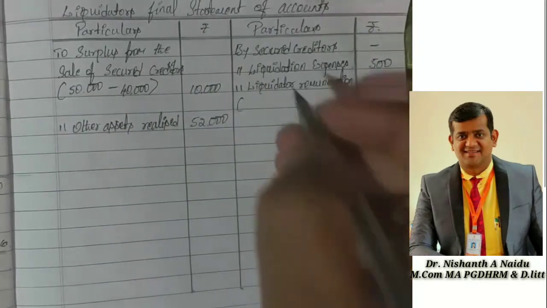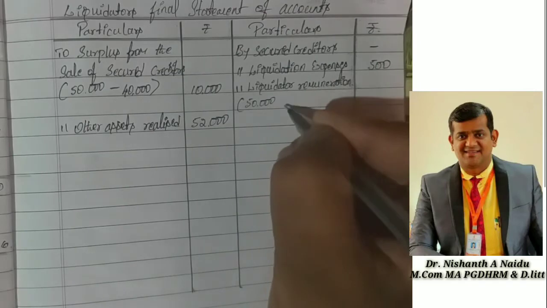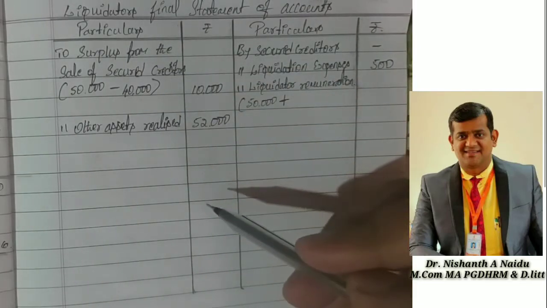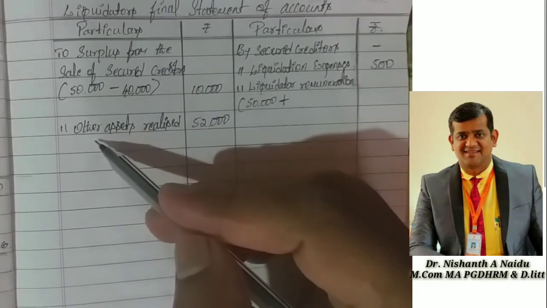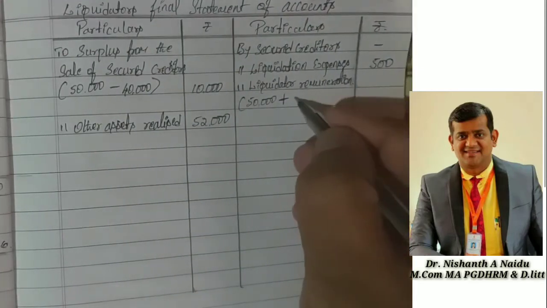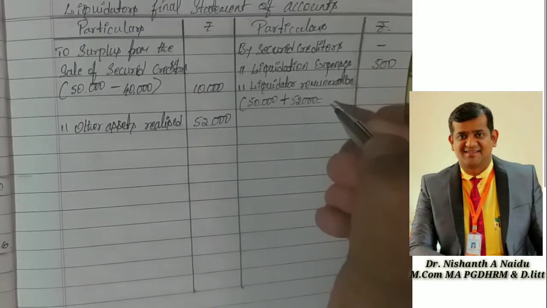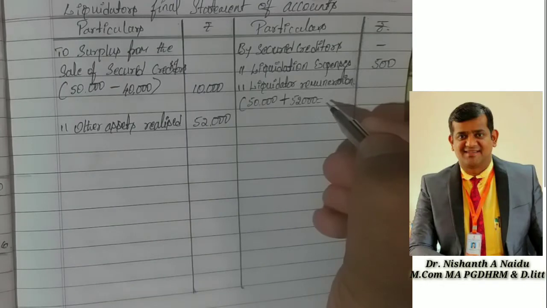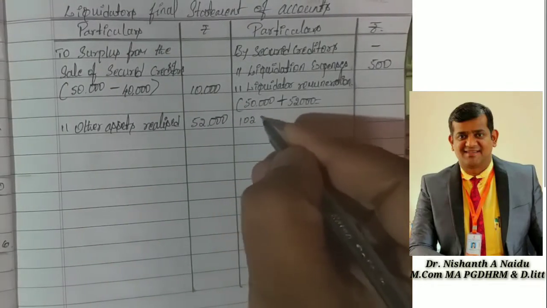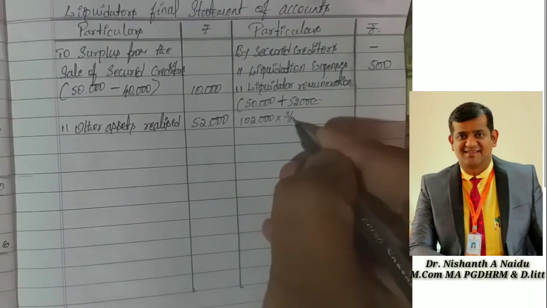First I am writing that 50,000 rupees, which was in the hands of secured creditors, plus the assets realized from unsecured creditors. Other assets realized, how much? 52,000 rupees. So how much did it come to? It came to 1,02,000 rupees. So what is the percentage of commission on this?